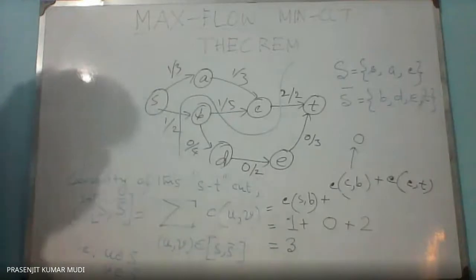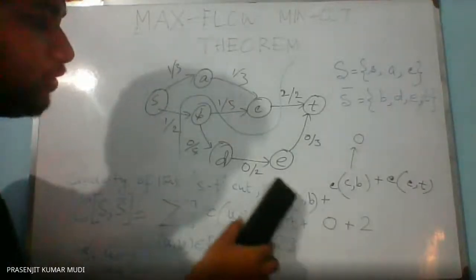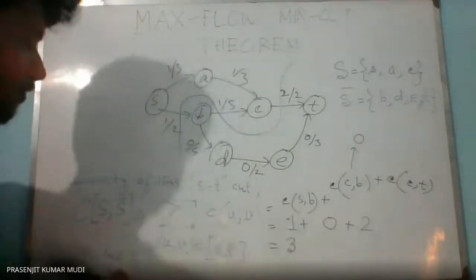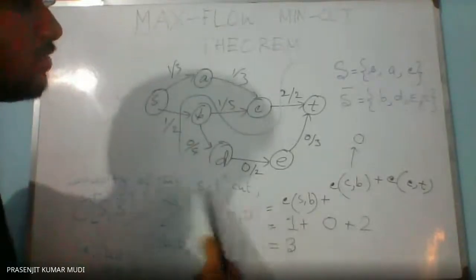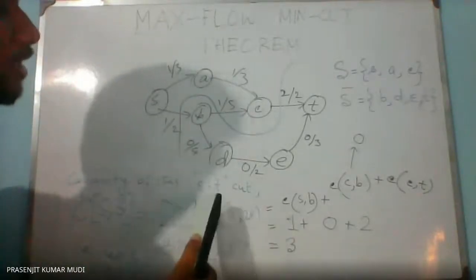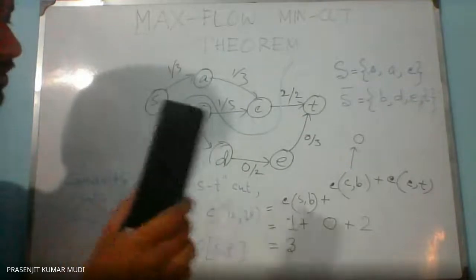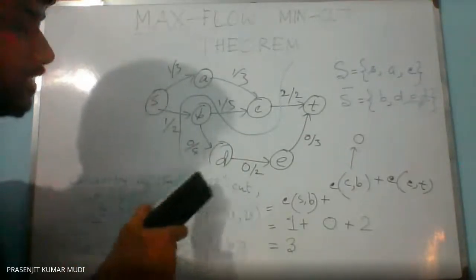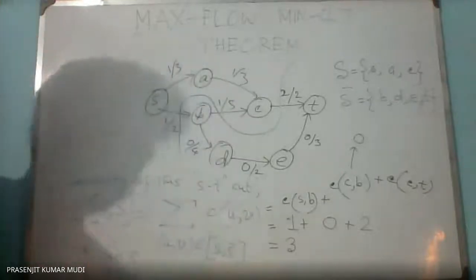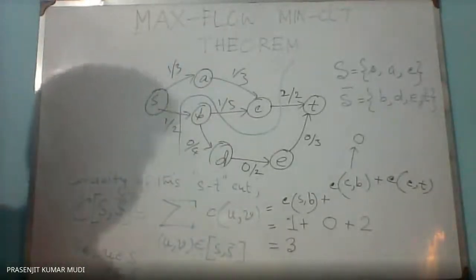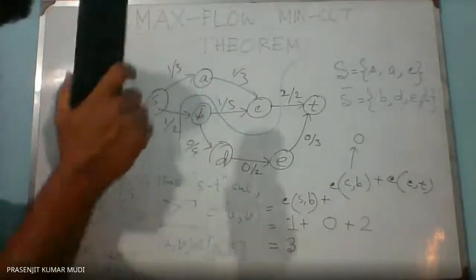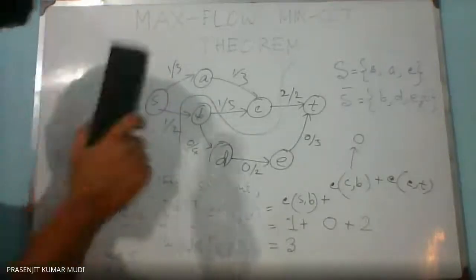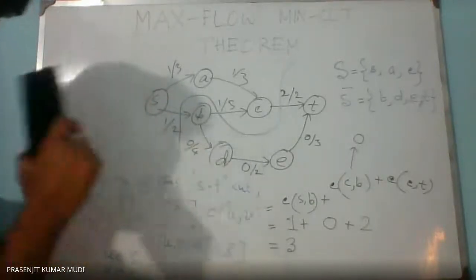So thereby we found that the capacity of the overall cut, this is the capacity of the cut, that is the sum of all edge capacities. And I will double check again the edge capacities definition, and the definition is actually the flow values of the edges. Okay. Anyway, because that is the definition of the cut capacity, cut-based edge capacity.